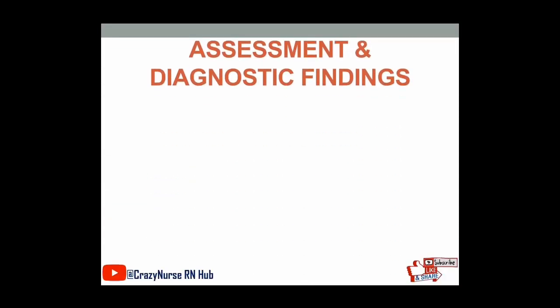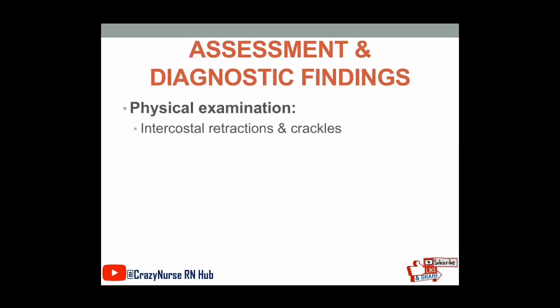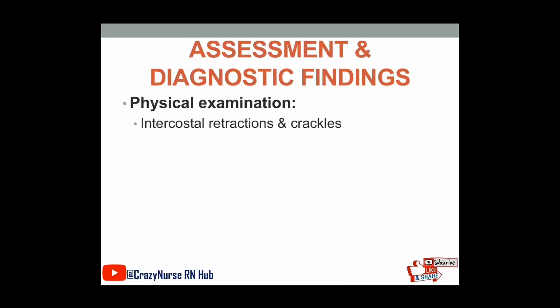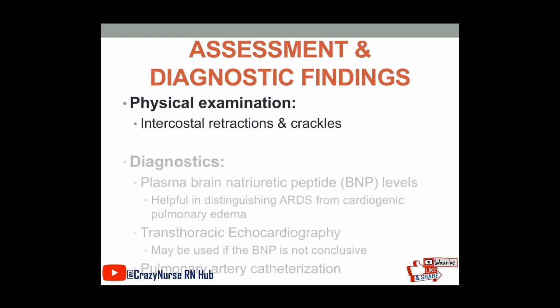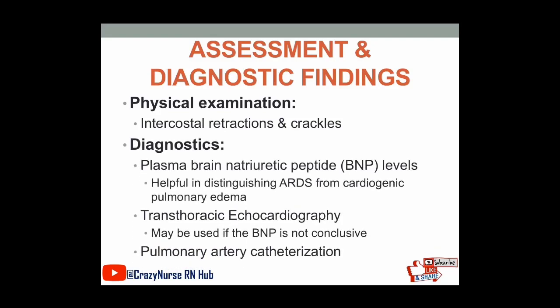For the assessment and diagnostic findings, first, we have to perform physical examination. You will note an intercostal retraction and crackles. For the diagnostics, we perform plasma brain natriuretic peptide BNP levels laboratory. This is helpful in distinguishing ARDS from cardiogenic pulmonary edema.